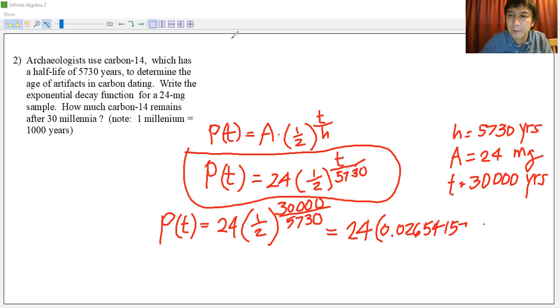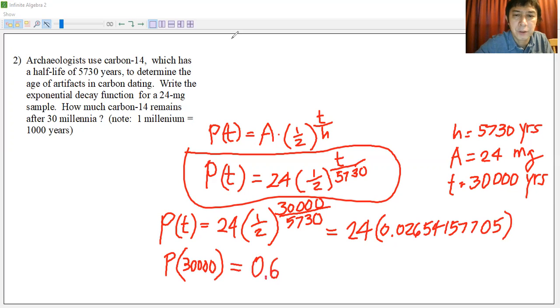57705, and we shall multiply this quantity by the 24, and we have something like P at 30,000 is equal to 0.63699784992, and this will be in milligrams.